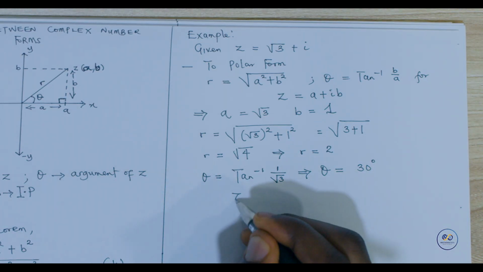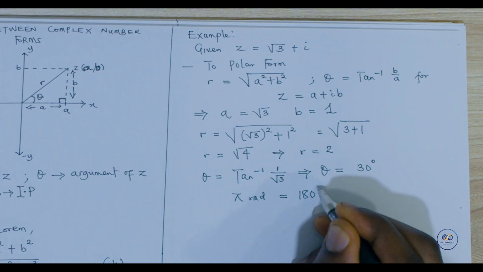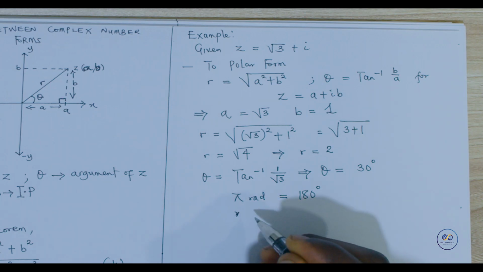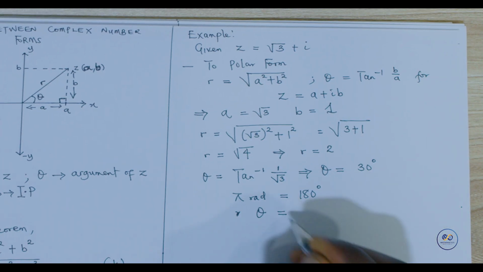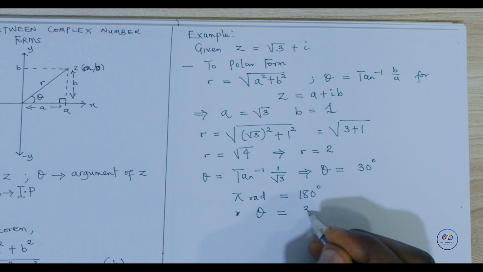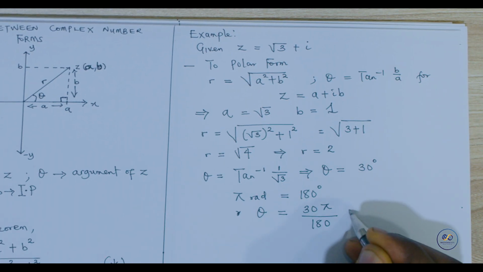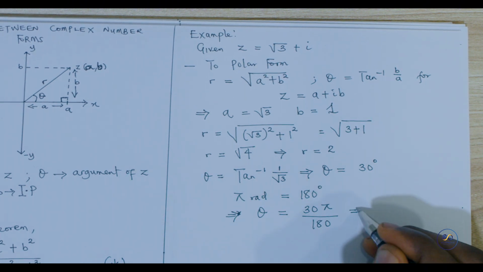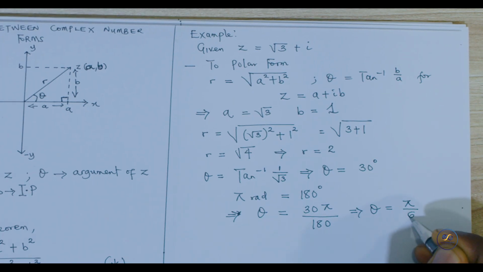Do not forget that pi rad is the same thing as 180 degrees, which means that if we take the value in rads for 30 degrees, that would be 30 pi over 180, which would imply that theta would be equal to pi over 6 rads, of course.